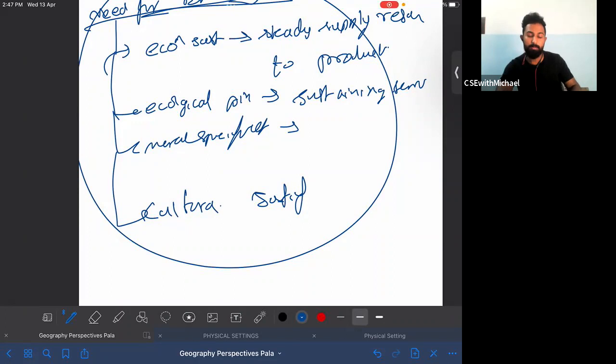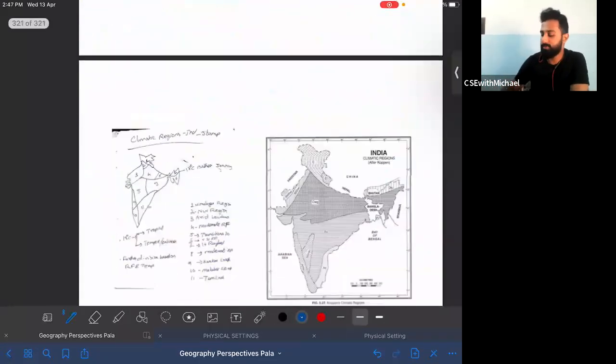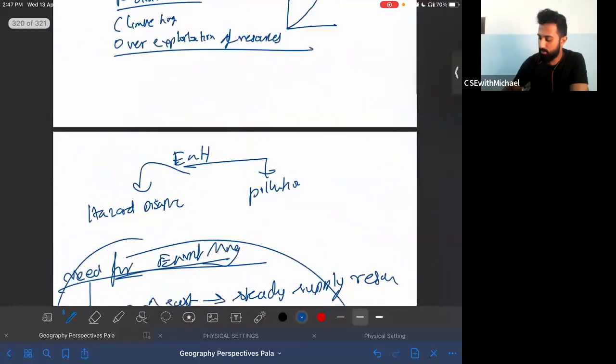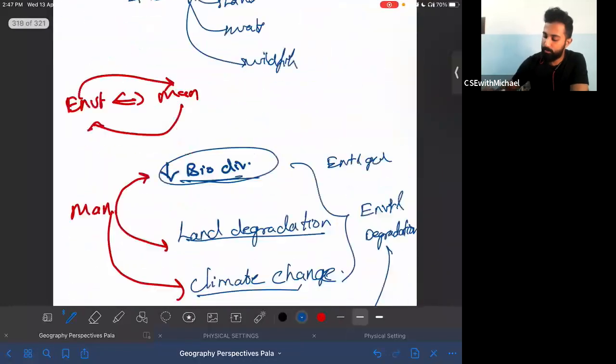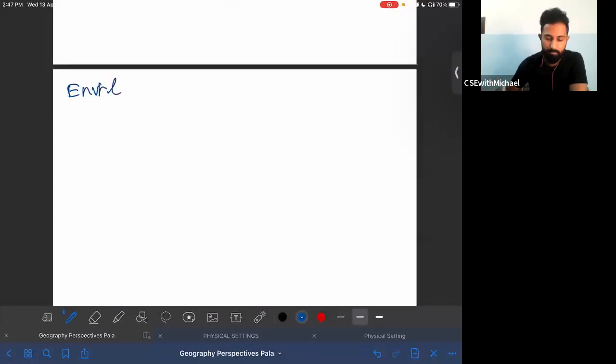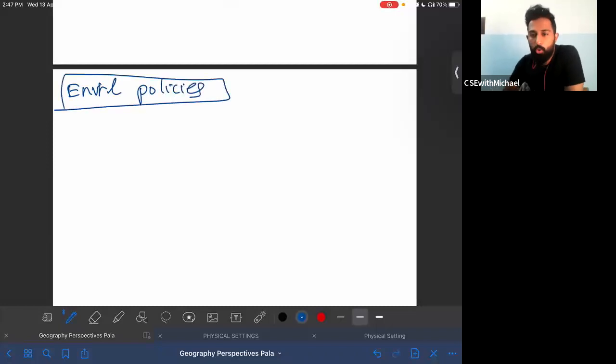Environment management, the basis, right? Now, one of the main tools through which environmental management is achieved is the environmental policies.